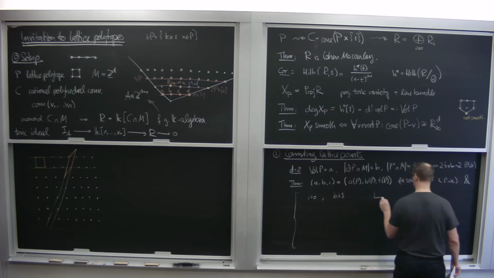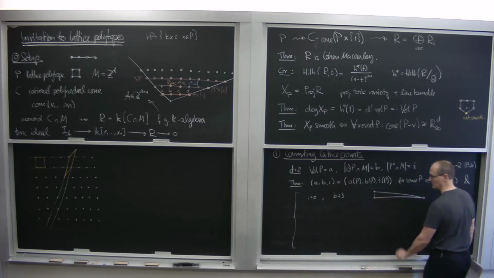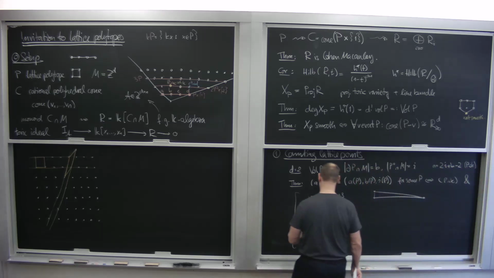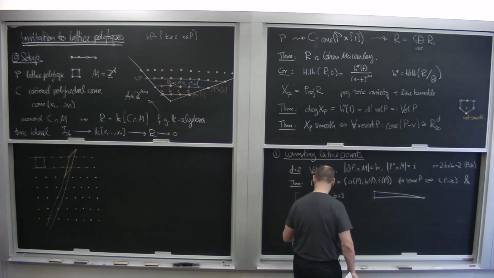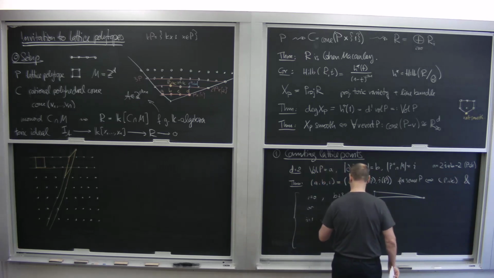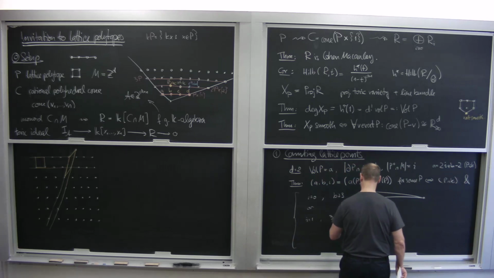No interior lattice point: I can draw a really long triangle without enclosing any lattice points. Or I is equal to 1 and B is between 3 and 9.